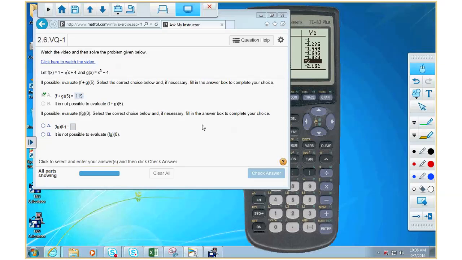You can't really multiply x plus 4 to the 1/2 power with anything. So this one, you could plug in 0 and see what you get. Plug in the other one 0 and then multiply them together and see what you get. Or you could just quit.